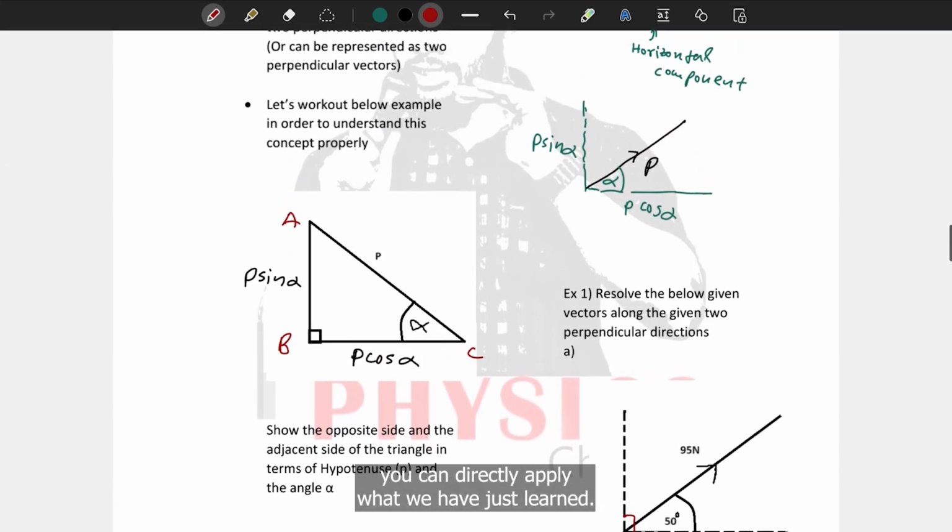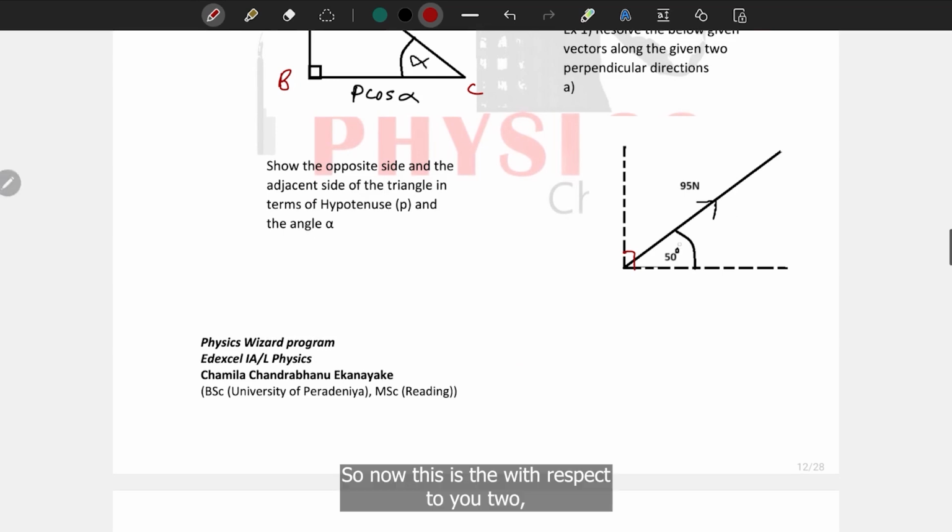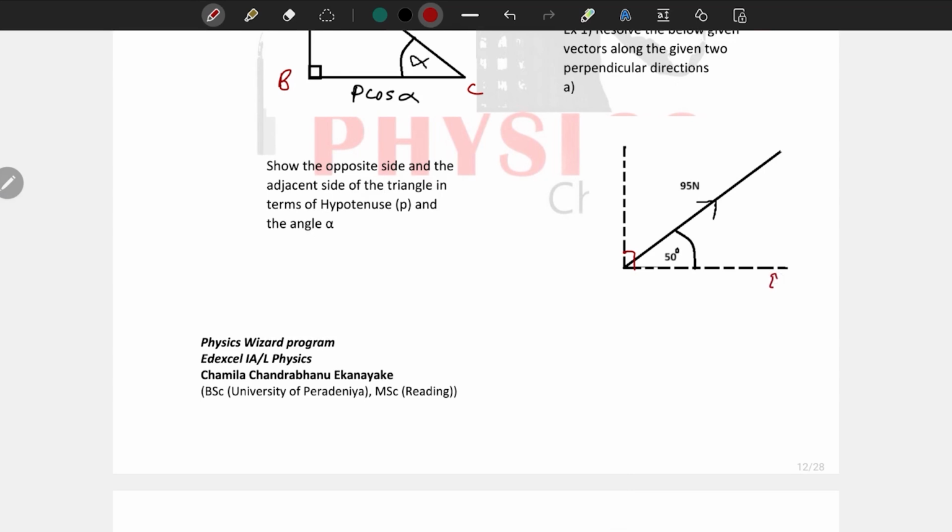So in terms of the given information, you can recognize this is the adjacent side, while this is the opposite side of the triangle.